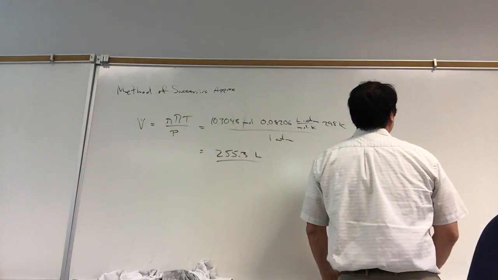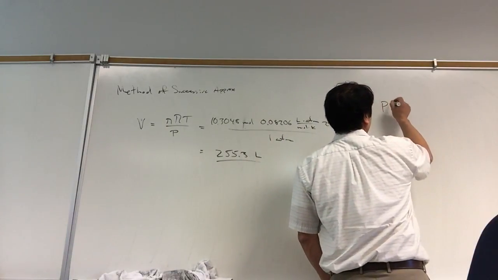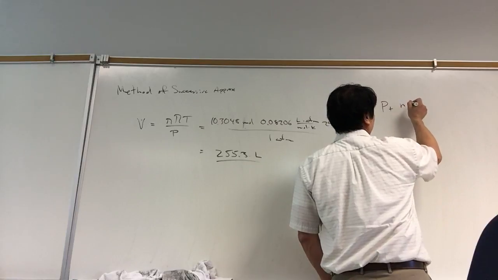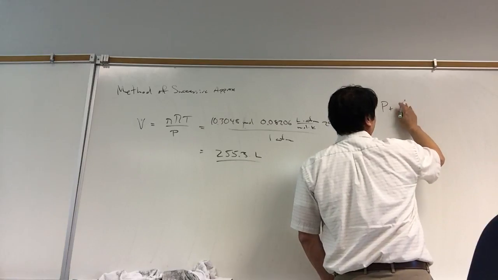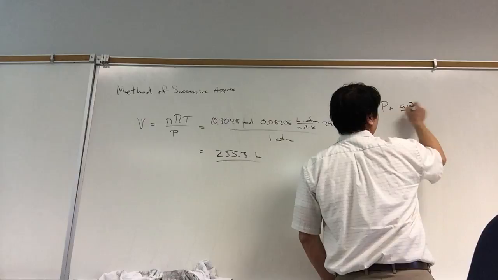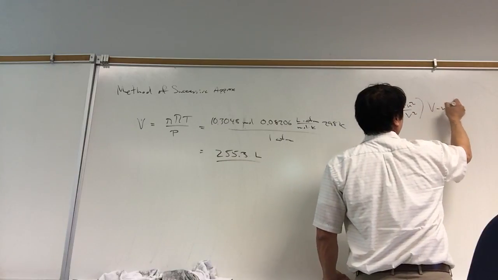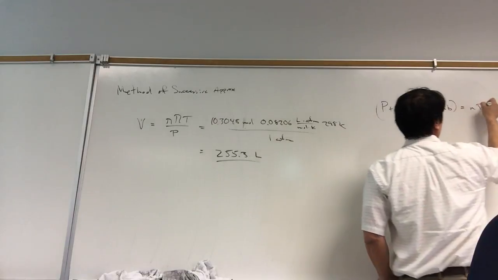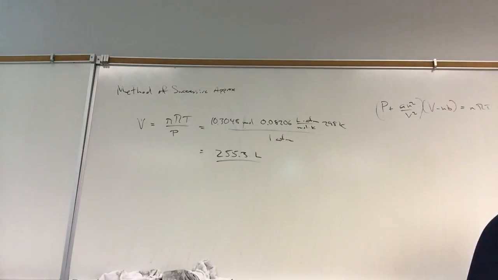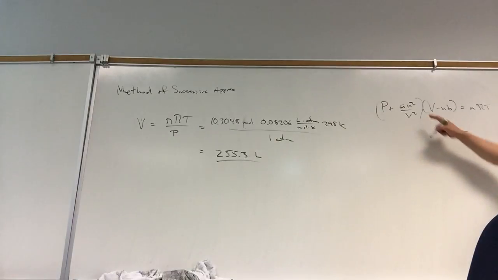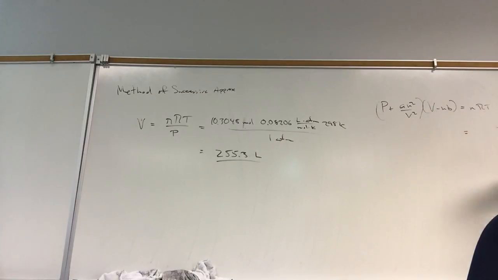And then we are using the real gas law. Do you guys have this one in your notes? It came out A times n squared over V squared, times V minus nb, is equal to nRT. So n times R times T. Well, it turns out that A and B in the table need units of bar, and so we have to convert it to bar.